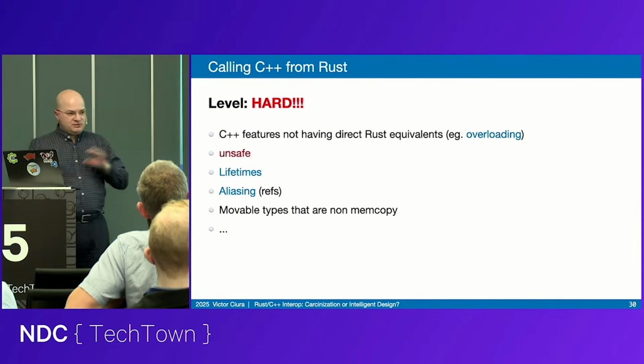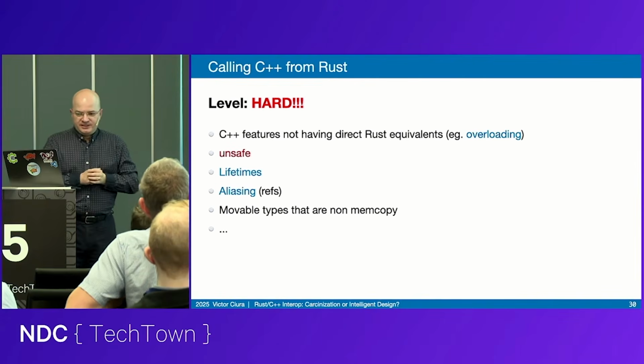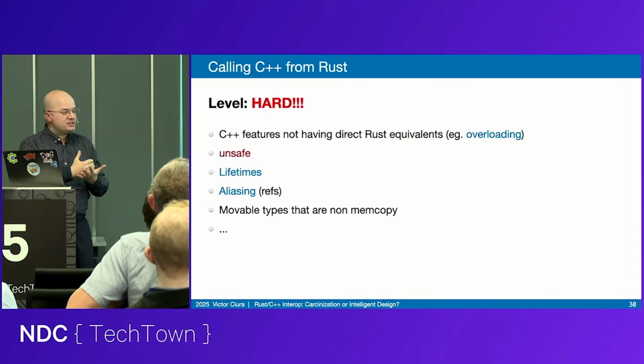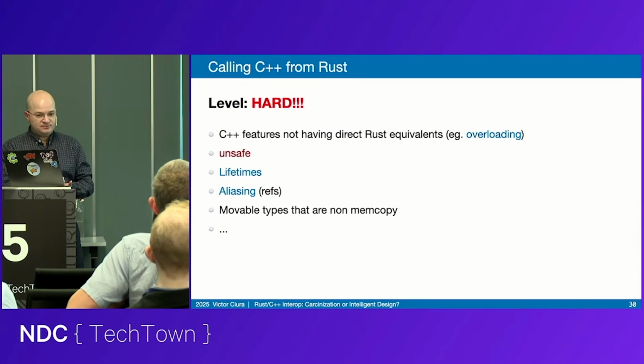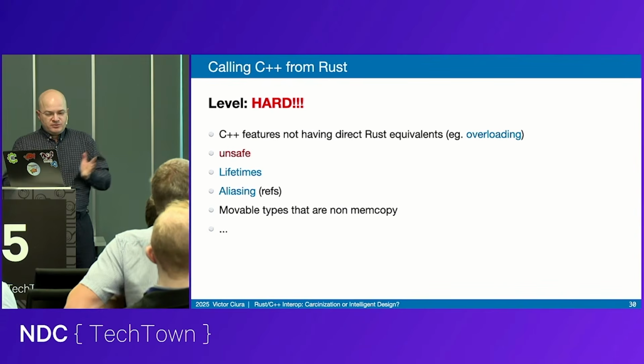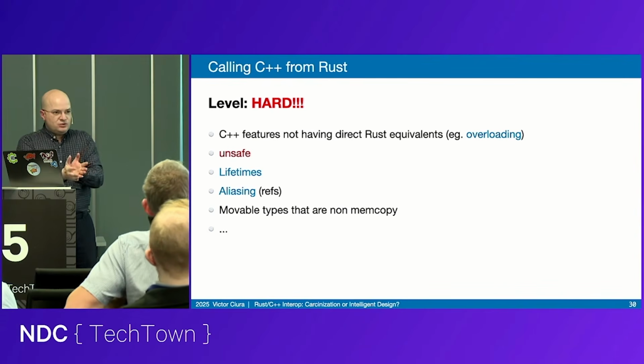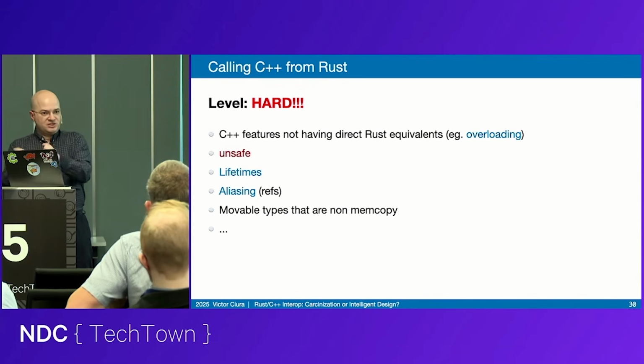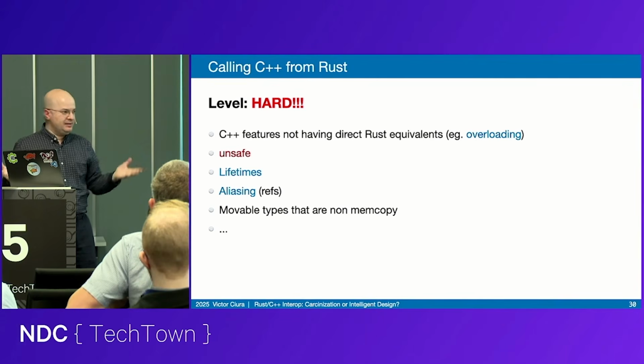If I split them in two slides here: calling C++ from Rust is really hard nowadays, especially if you want to call everything in C++, like, don't. There's no correspondence. One concrete example is function overloading. If you need to disambiguate between several function overloads in C++ from the Rust side, that's like hell at this point, right?